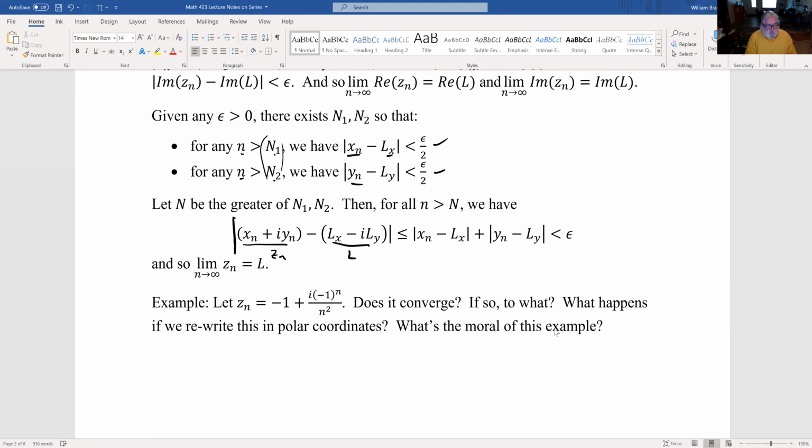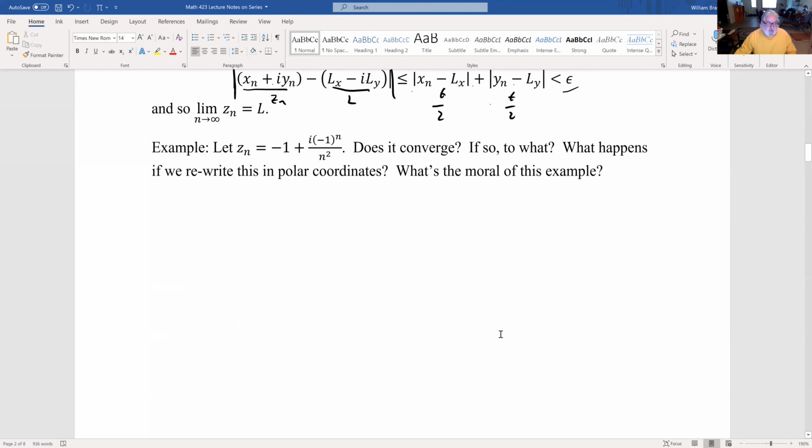Well, remember, when we think about modulus, we think about that as distance. This has got to be less than or equal to that, which is the triangle inequality again. That's epsilon over 2, that's epsilon over 2. Add them together, you get it less than epsilon. So it actually works.